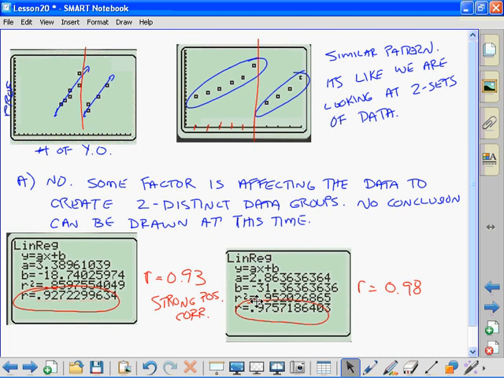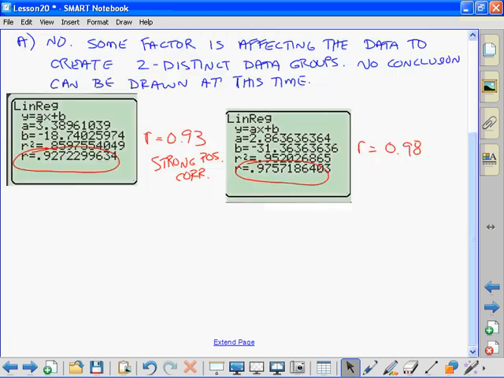So if I knew this information during my analysis, now I can draw a conclusion.